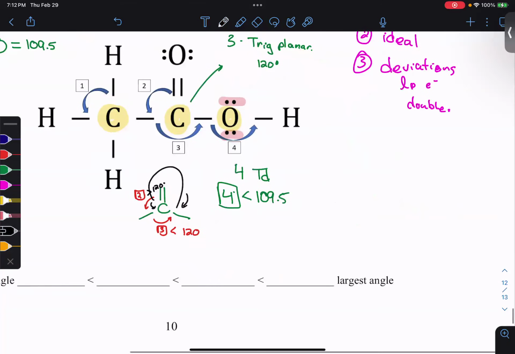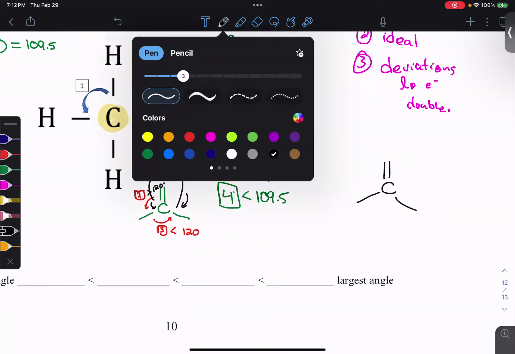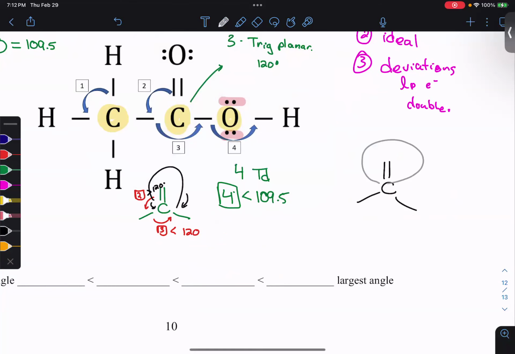Let me just make up numbers to help you along. That double bond takes up more space generally. And so these two bond angles, these red ones, are going to be slightly more than 120 degrees. So let's say they're like 122 degrees. They're just slightly expanded. They take up a little bit more room because that double bond is big and fat and puffy.